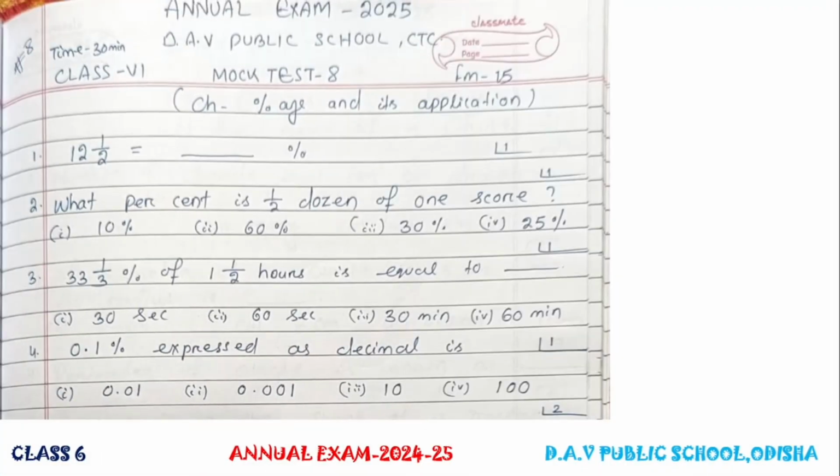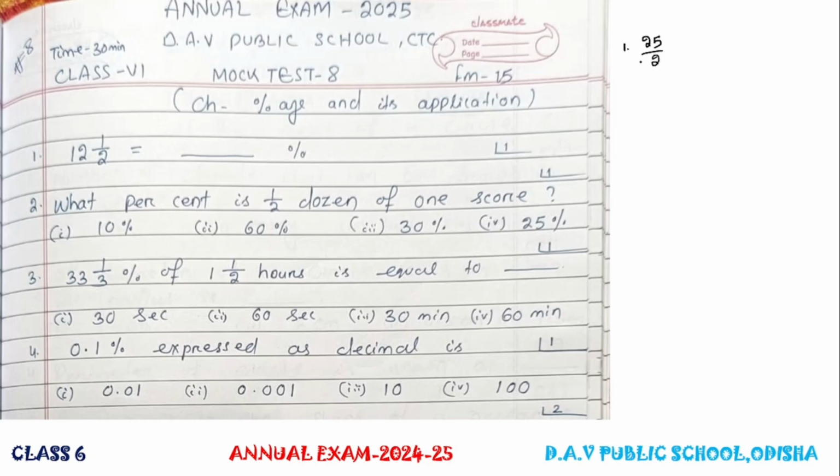First question, convert into percentage. We know that when we convert into percentage, we multiply by 100. So first of all write down the number, 12 whole 1 by 2. We can write it as an improper fraction, that is 25 divided by 2.